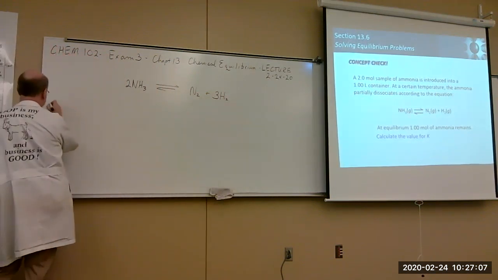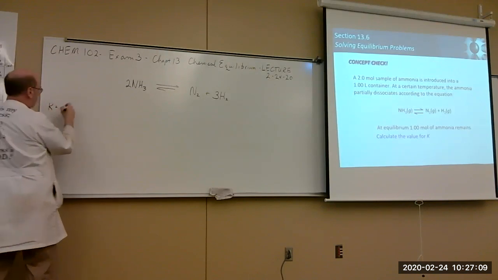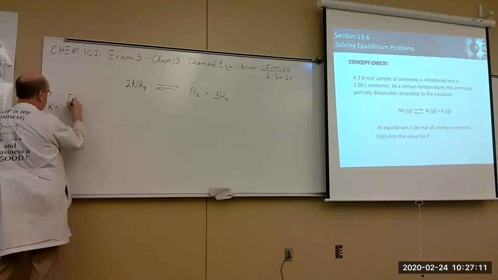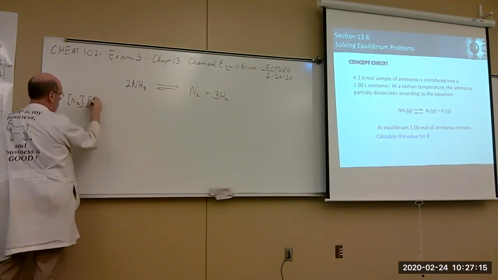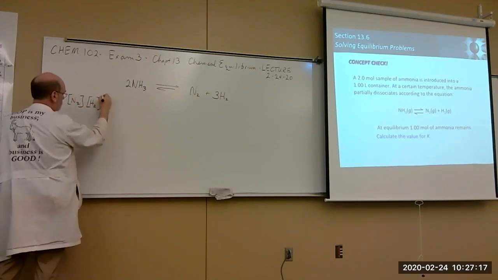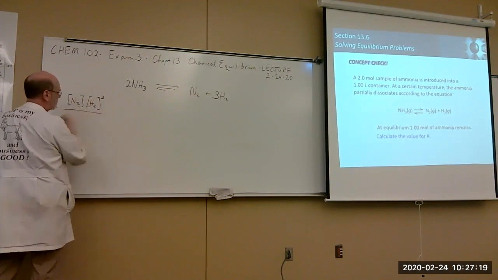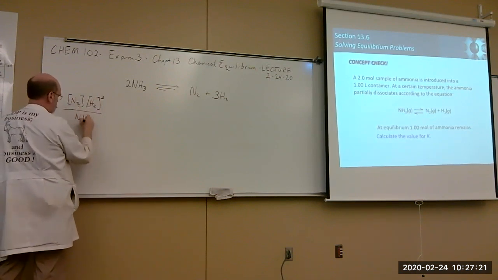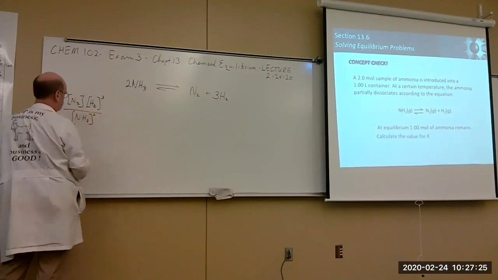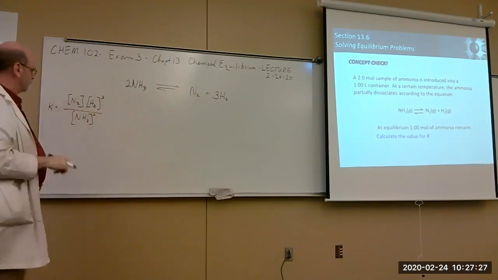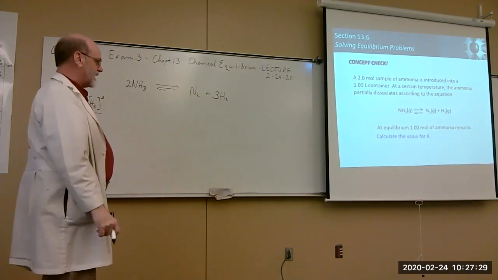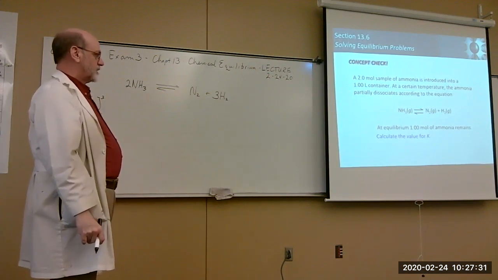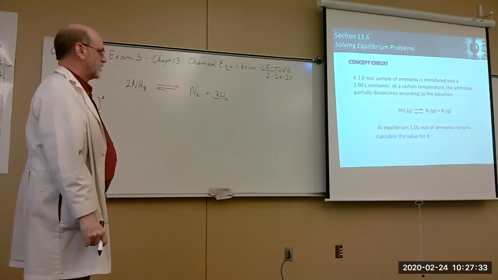And the K expression would then be products to the first power, hydrogen, third power, and ammonia, second power. Now, at equilibrium, 1 mole of ammonia remains.